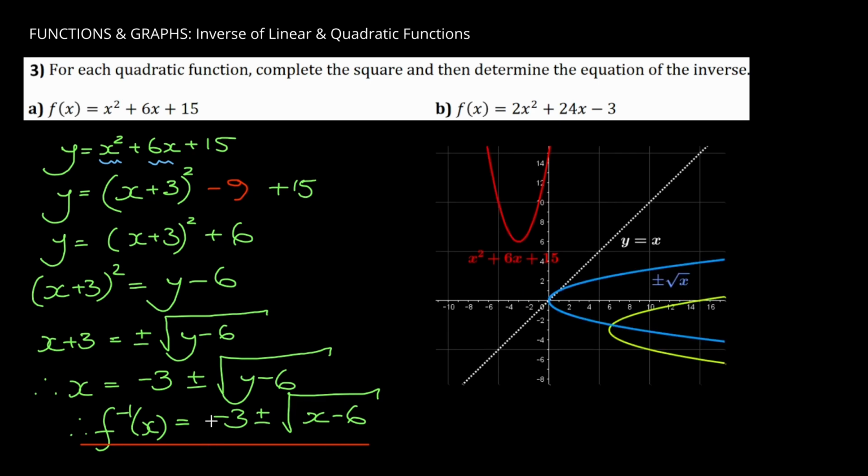One more interesting point here is that our master curve in this case is plus or minus the square root of x, and our inverse here demonstrates very well transformations of curves. First of all, look what we've done to x. We've taken 6 away from x here, which means the graph shifts to the right by 6.